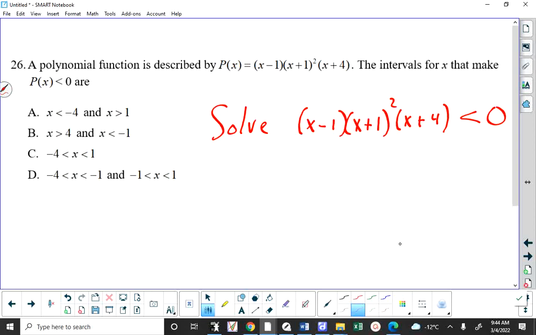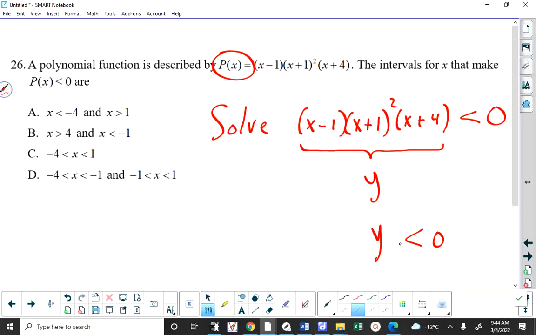But again, when you're solving a polynomial, what we want to do is give an answer in terms of x that makes the whole thing, in this case, negative. So what we're actually doing is we are equating this with y, and you can even see I've done that up here by calling it p of x. And we're really then answering this question: where is y less than 0?